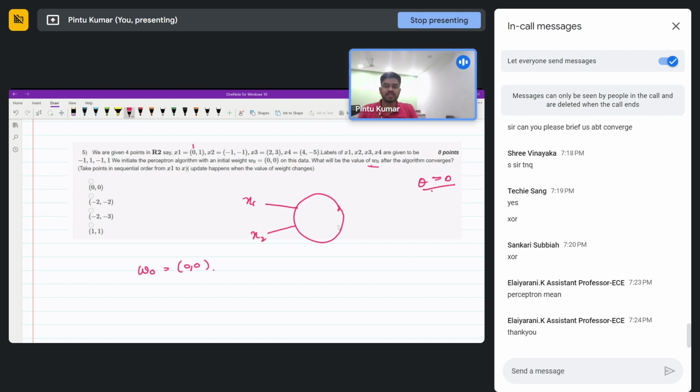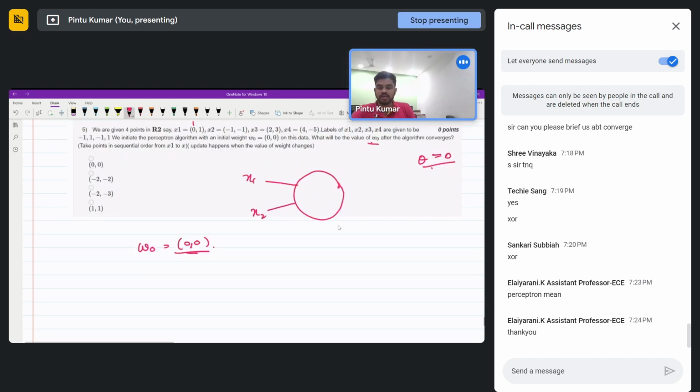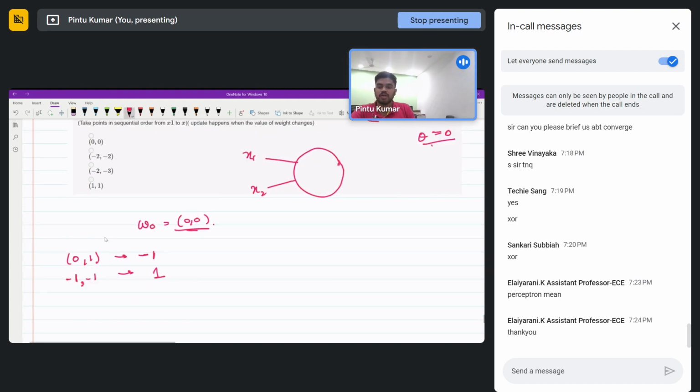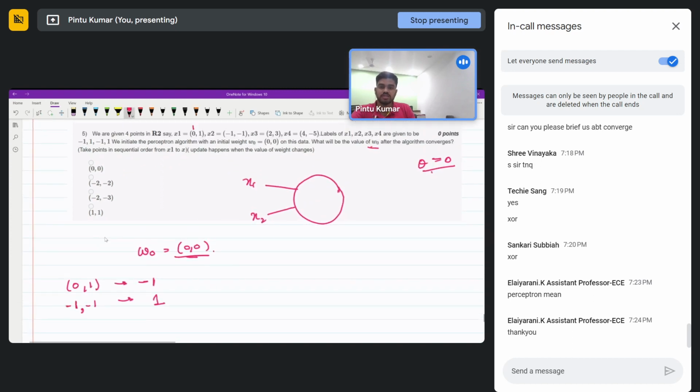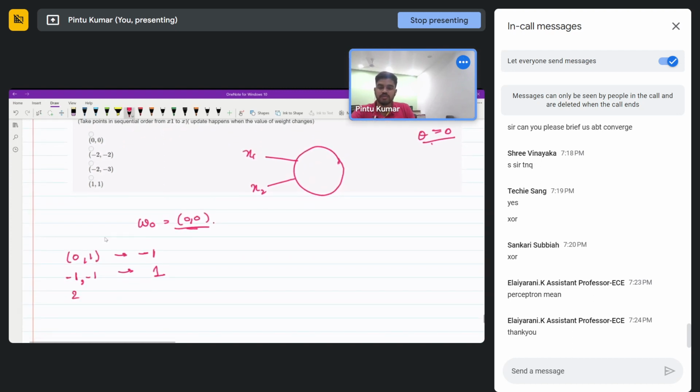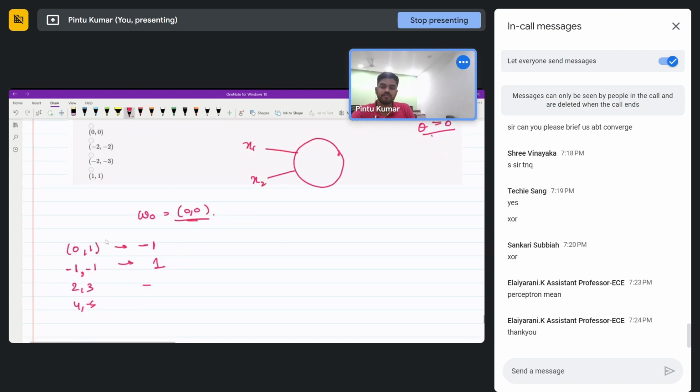Let's say we start with W equal to 0, 0 and there are 4 points: 0, 1 with label -1, then I'll write it cleanly, -1 comma -1 with label 1, and the other points 2, 3 and 4, -5, and the labels are -1 and 1.